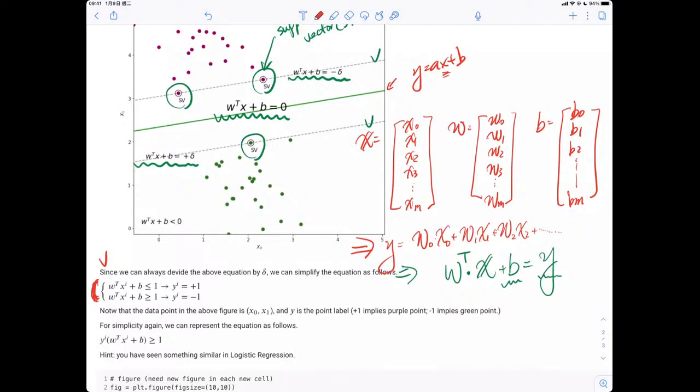Okay, so the equation is like that: W transpose times X plus B. If it's less than 1, which means it's green line, it's green point. If it's larger than 1, then it's the other side. So at the bottom half, the Y is less than 1.